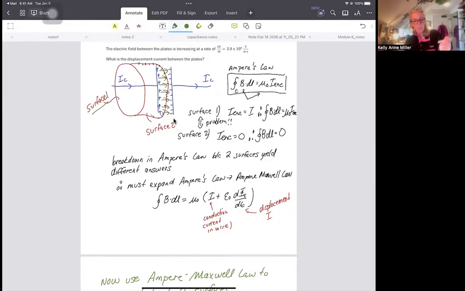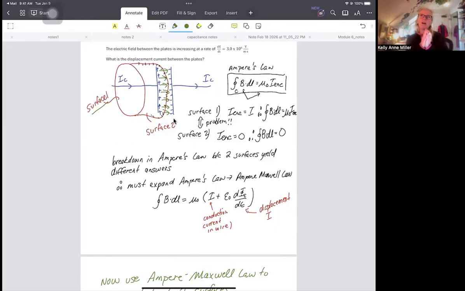While that plate is charging up, that electric field is changing, and a changing electric field always leads to a changing magnetic field. And Ampere's law says that if you draw a path around a magnetic field, that path should include some current. If it doesn't, then that's a problem. So that's the reason Ampere's law breaks down.